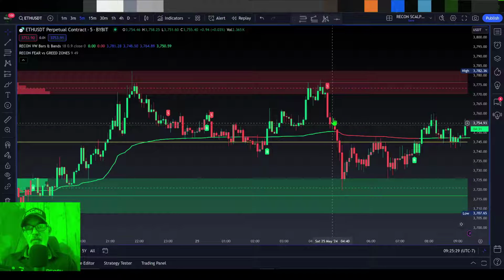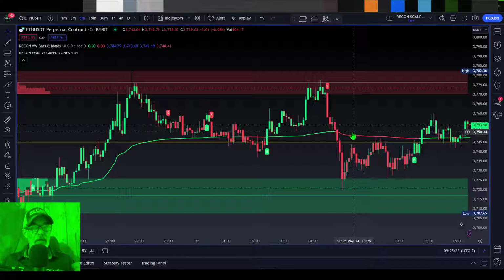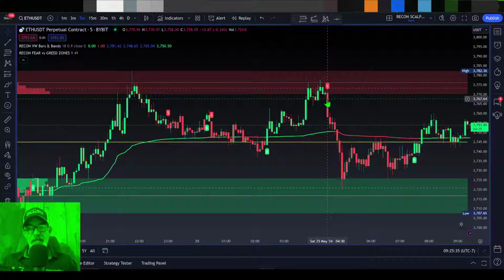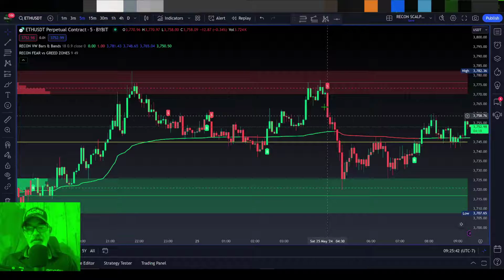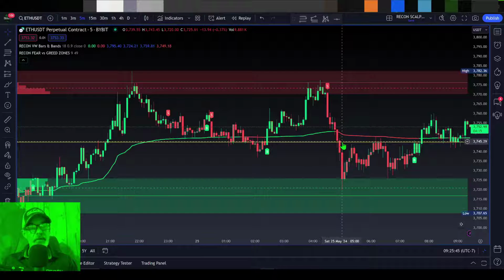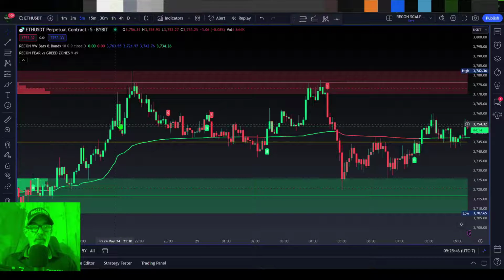The green wicks would indicate that was actually a green bar, not a red bar. But I'm looking for momentum out of this indicator in addition to trend. And so all these red bars would indicate bearish, and all these green bars would indicate bullish momentum. And so with that being said, you can take a look all the way back here to the left-hand corner.